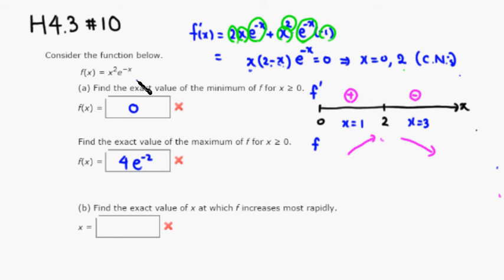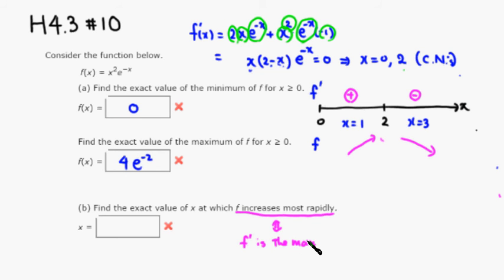Then find the exact value of x at which f increases most rapidly. So f increases most rapidly, which means what? We can translate that as f prime being at its maximum.